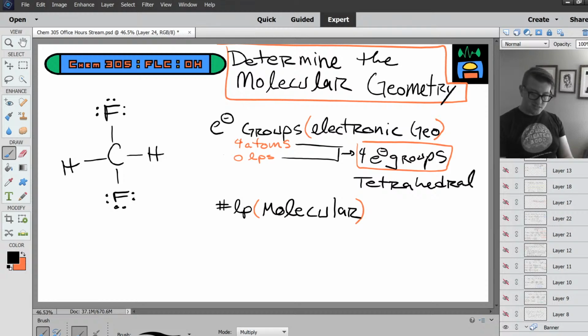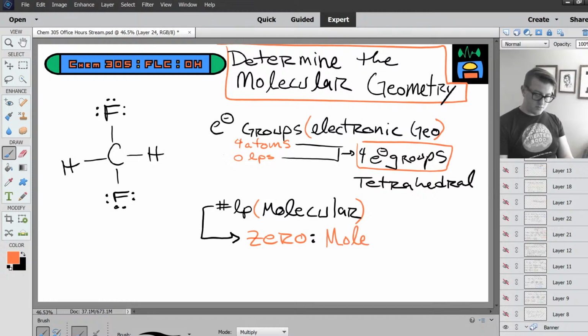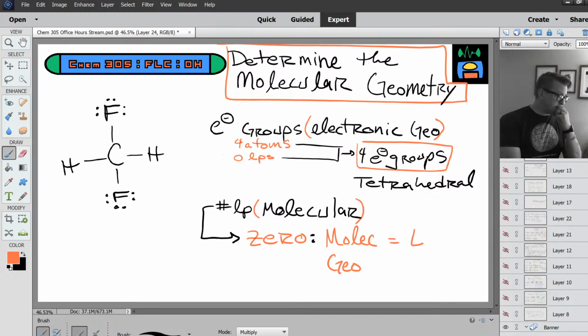And whenever your number of lone pairs is 0, that means that your molecular geometry is equal to your electronic geometry.